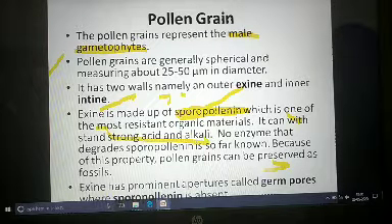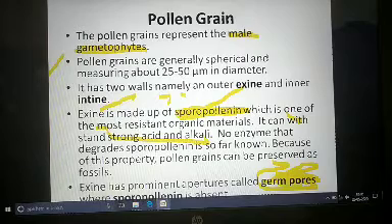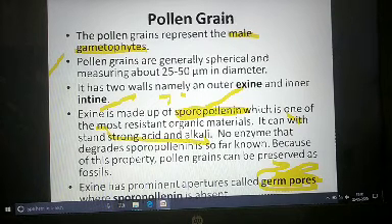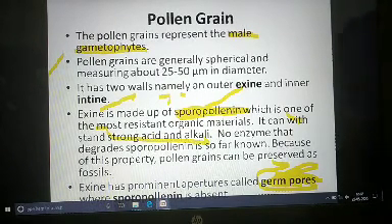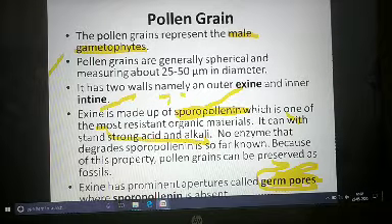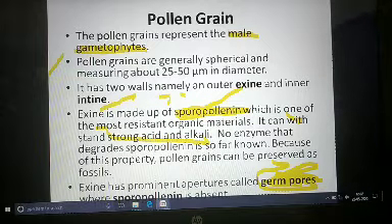Wherever there is absence of sporopollenin on the exine wall, that part is called a germ pore. A pore is nothing but a small hole.